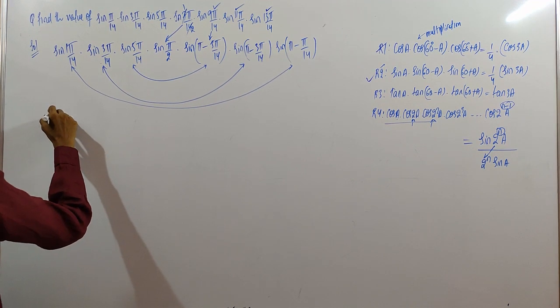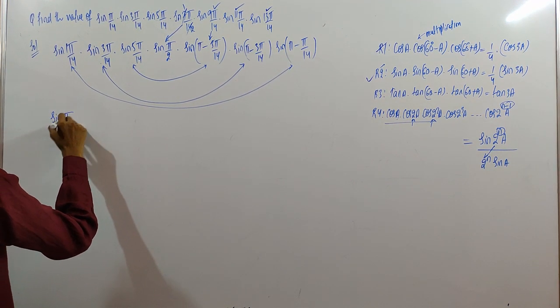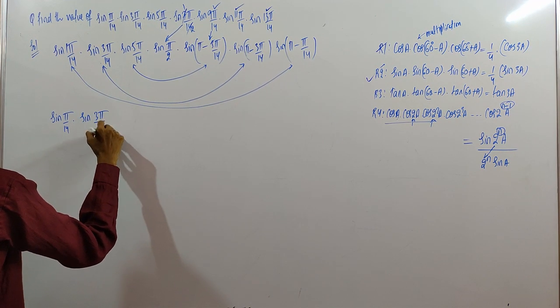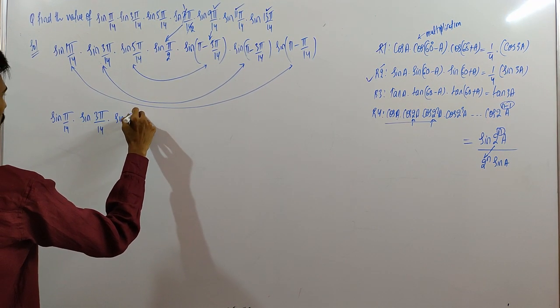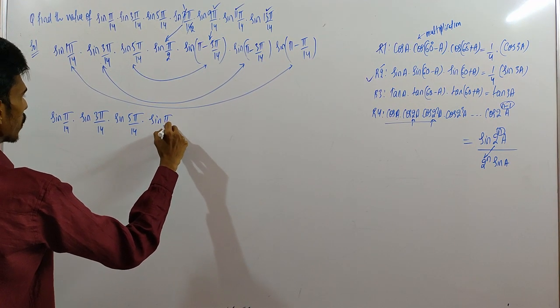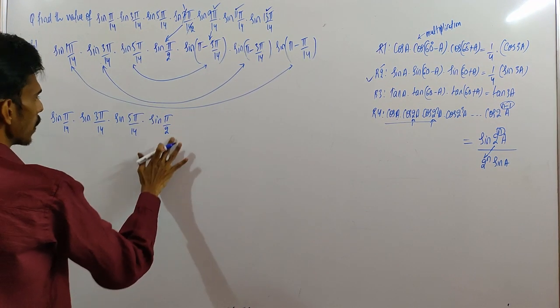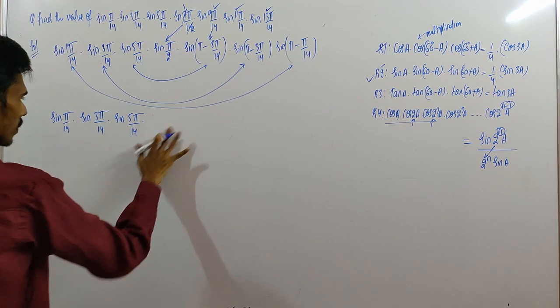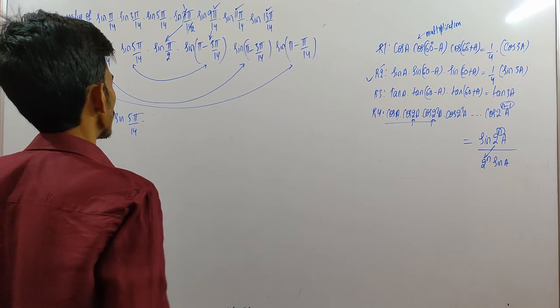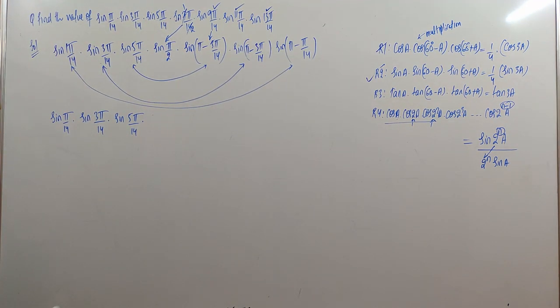Now write down sine pi by 14 into sine 3 pi by 14 into sine 5 pi by 14 into sine pi by 2. Sine pi by 2 value is 1, so leave it. Sine 180 minus theta is sine theta.